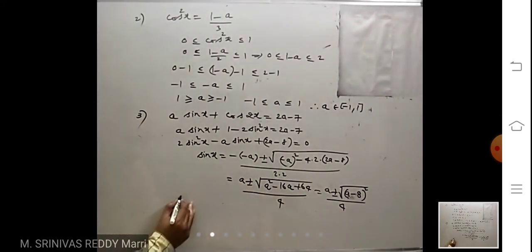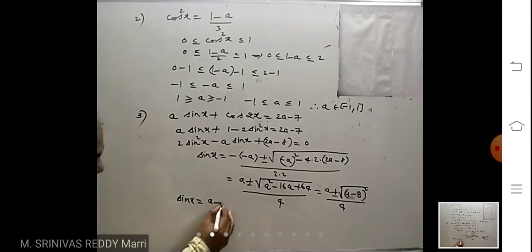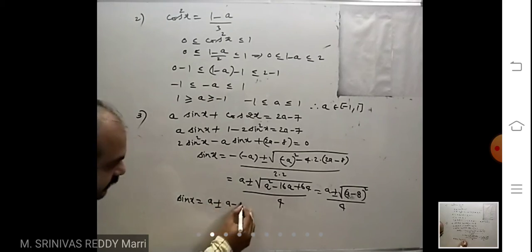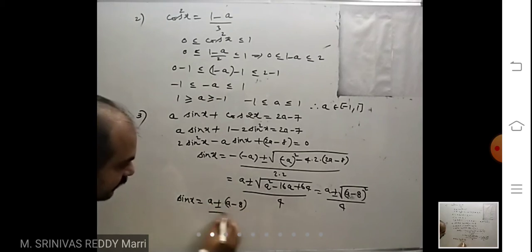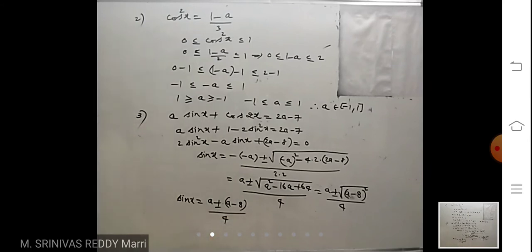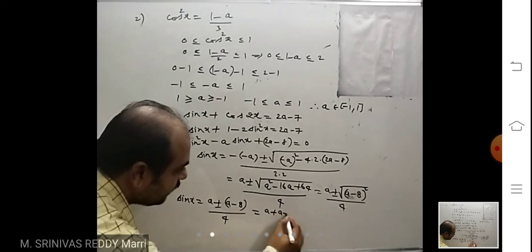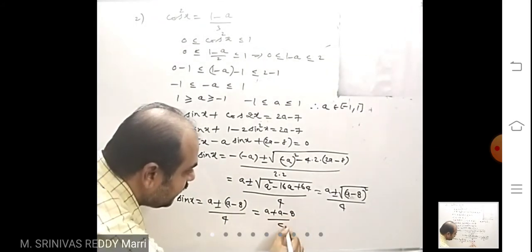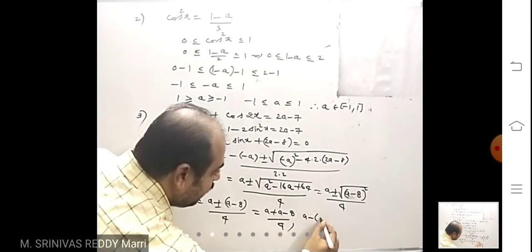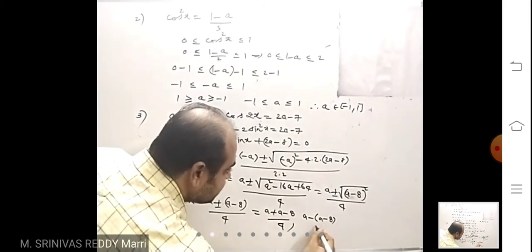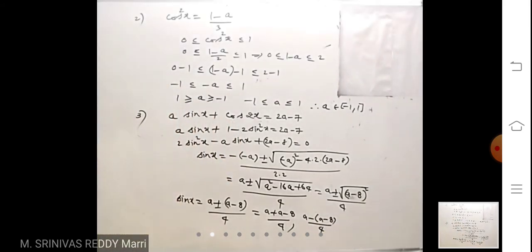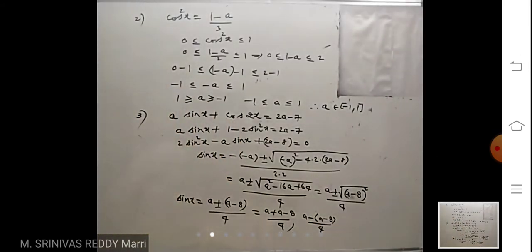Now if you look at sin x, what you will get? A plus or minus, the root will get cancelled, a minus 8, divided by 4. That means if you take plus, you will get a plus a minus 8 by 4, comma, a minus of a minus 8 by 4, right?